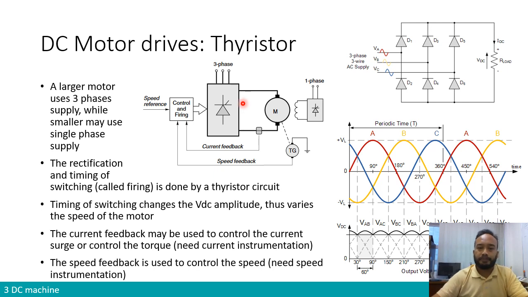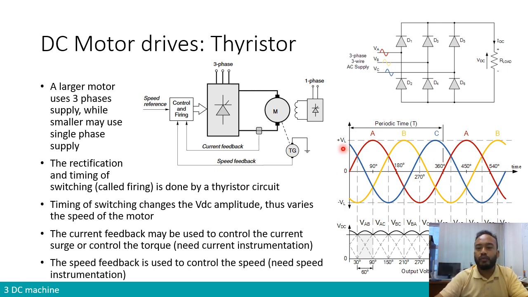So the first part, rectification, converting from AC to DC, is just like a diode. Usually we use this configuration with 6 diodes, where we will be able to rectify in full wave.